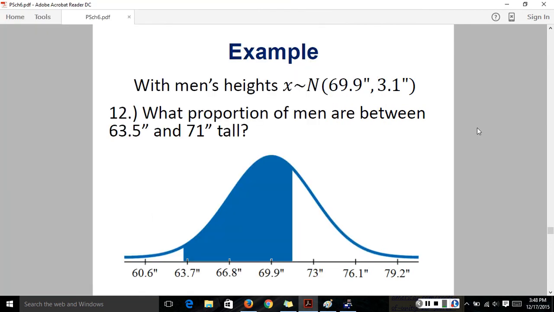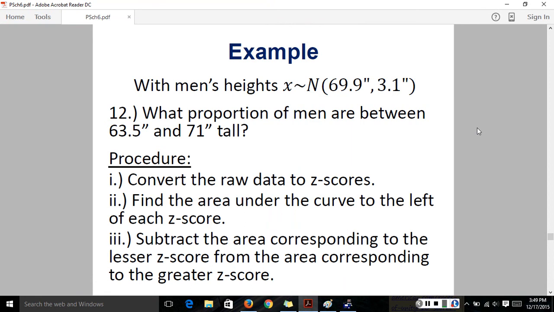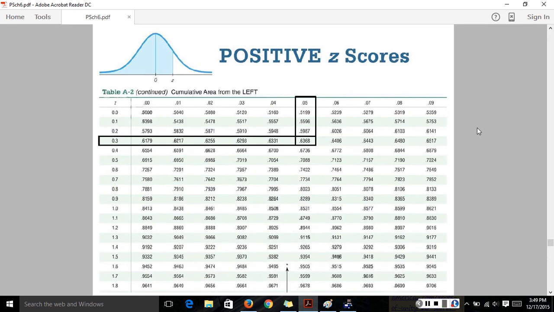And that I can find using the table. So we've converted the raw data to z-scores. We'll find the area under the curve to the left of each of those and subtract the area corresponding to the lesser z-score from the area corresponding to the greater z-score. In other words, we'll subtract the smaller area from the larger area.